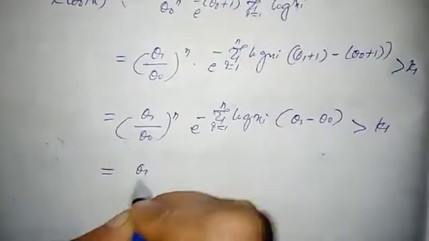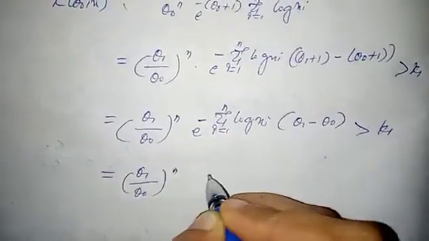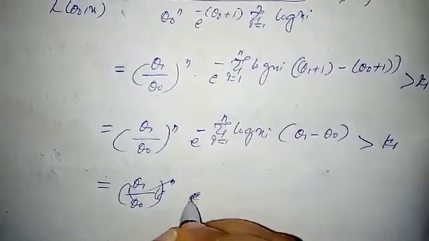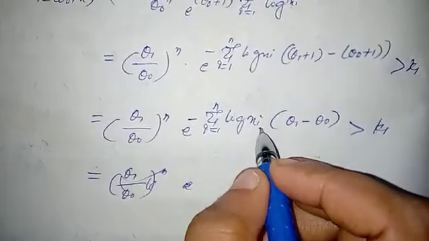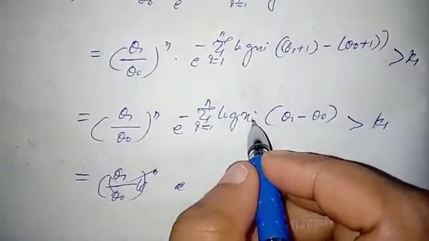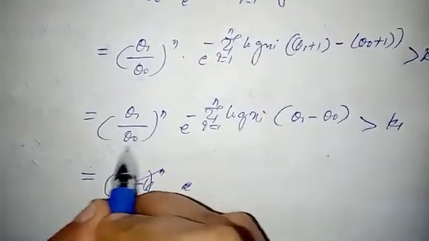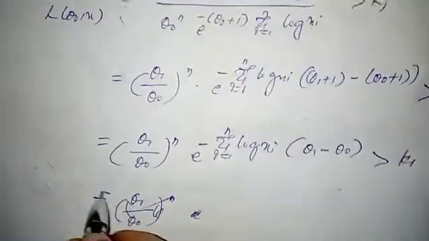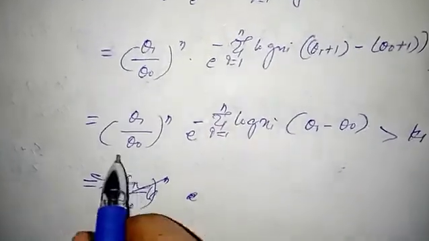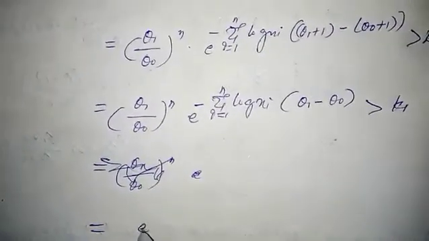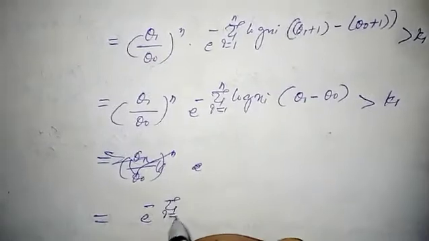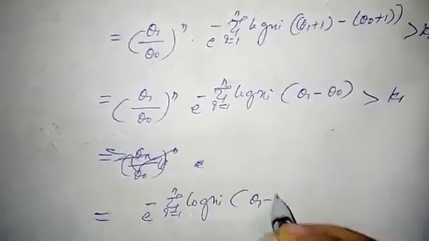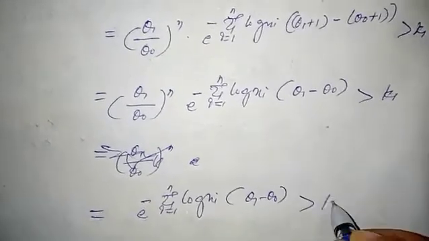This is a function of a random variable, right? We only need this term, right? For that, in the next step we'll divide by this term, then we get e power minus summation i = 1 to n log xi times theta 1 minus theta naught, which is greater than k2, right?